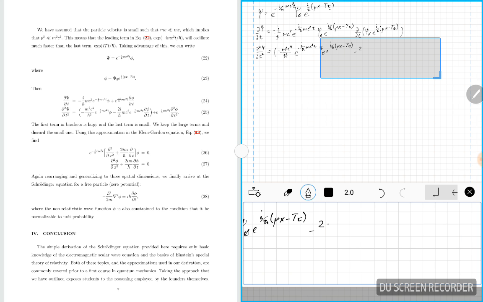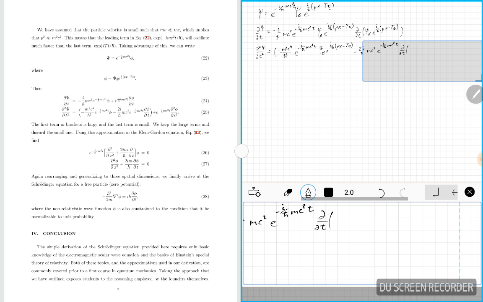Then we have 2i h bar mc squared e to the negative i over h bar mc squared little t. Then we have the partial derivative, or I guess we have the whole derivative, like we had before, of this guy.